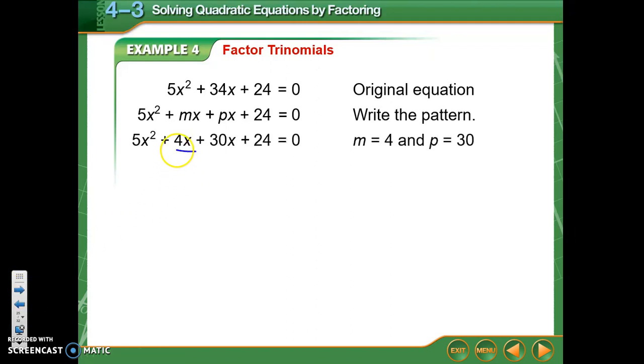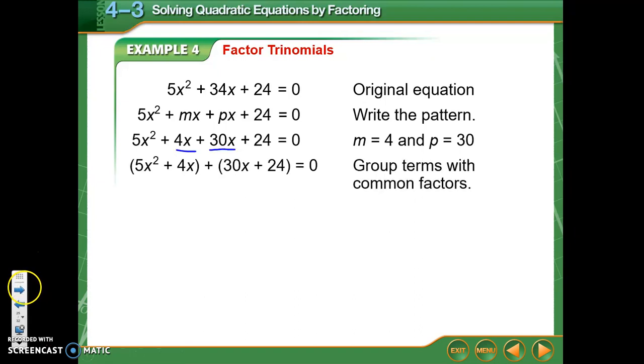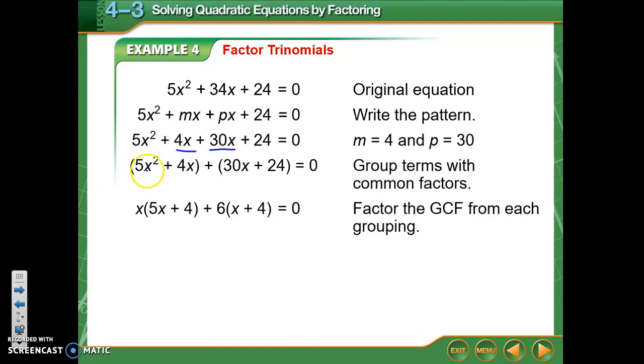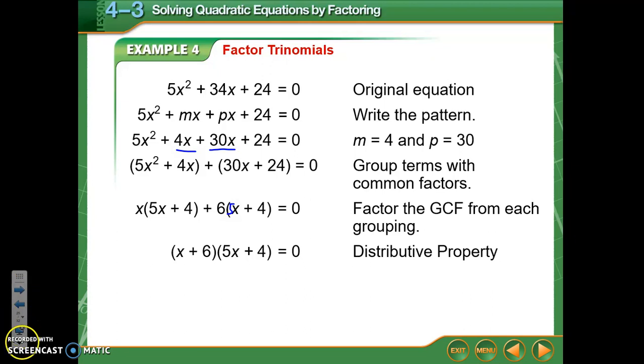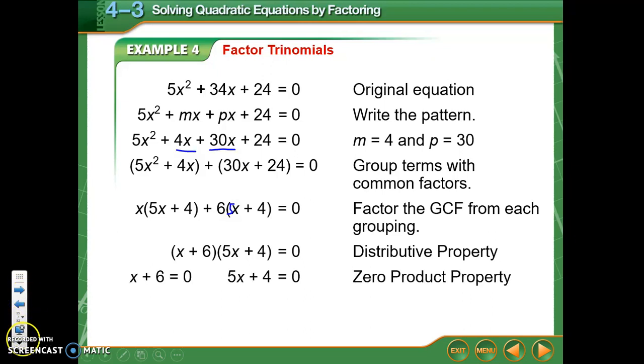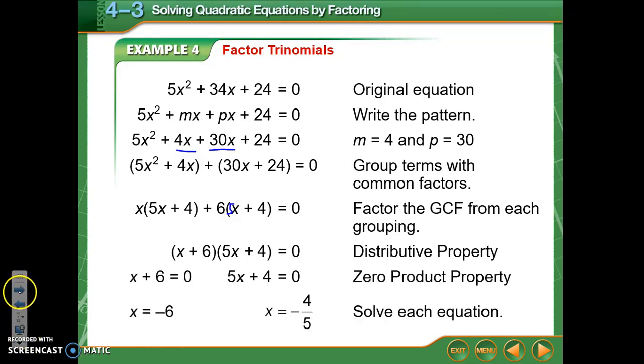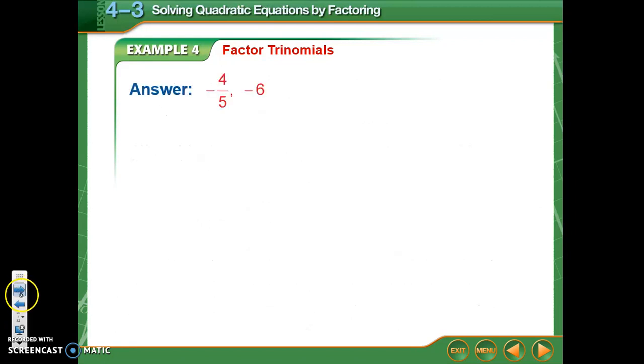We rewrite our middle term using 4x and 30x, group, and then factor an x out of the first two terms and a 6 out of the second two. And there should be a 5 right here. That gives me x plus 6 times 5x plus 4 equals 0. So these would be my final answers. I want you guys to try this one.